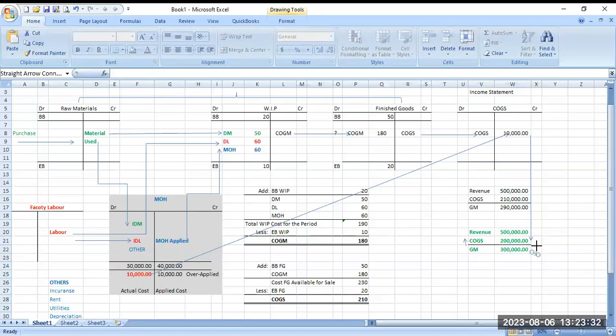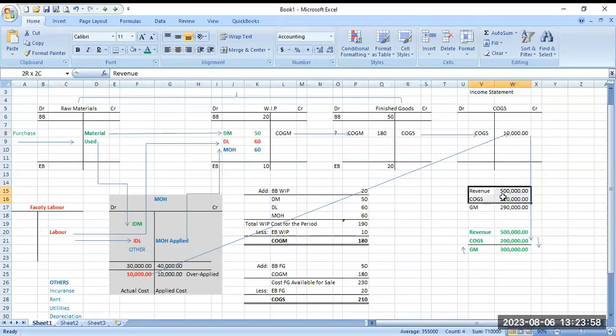So this means, Professor, that I will add more price on my cost of goods sold, or I will decrease the price? Does this mean I'm reducing my cost of goods sold? In this case, I'm reducing cost of goods sold, so my cost of goods sold is going down.